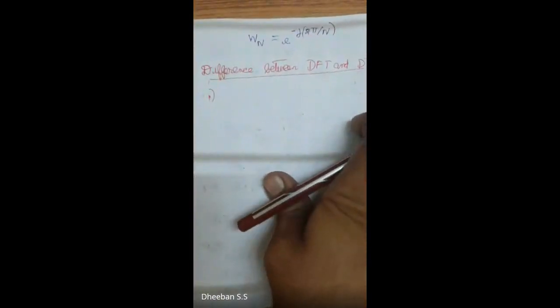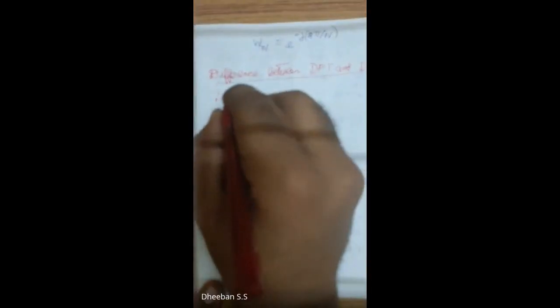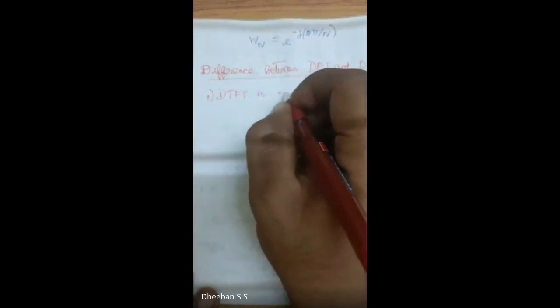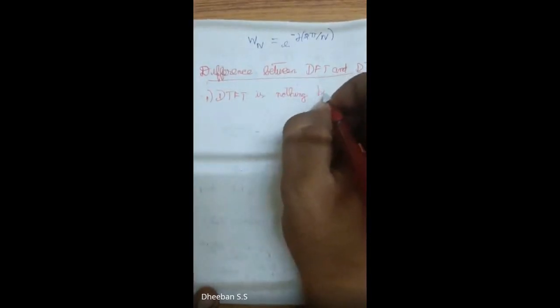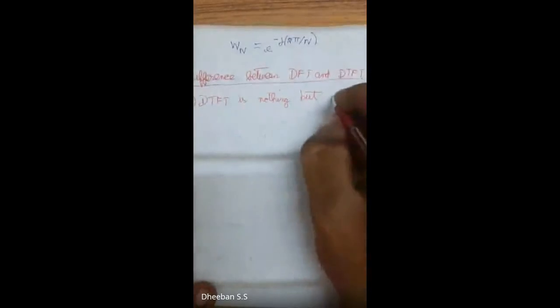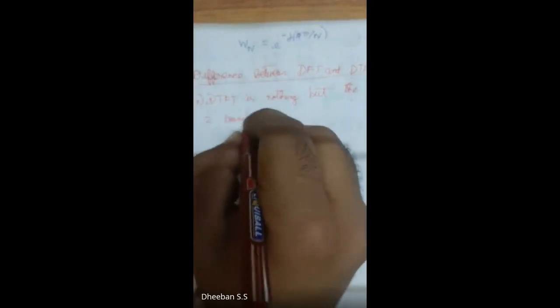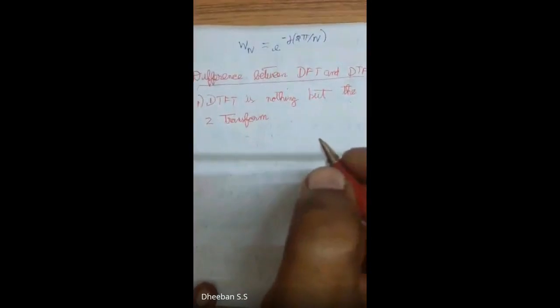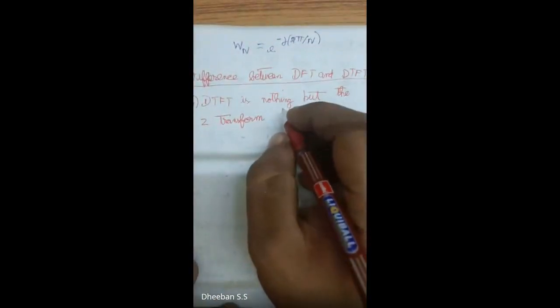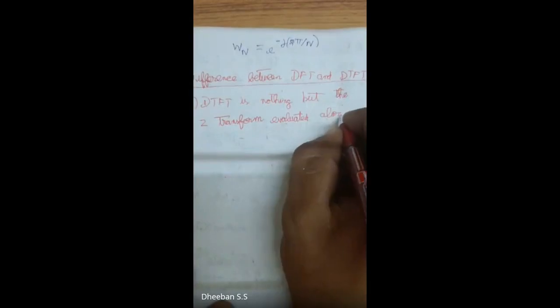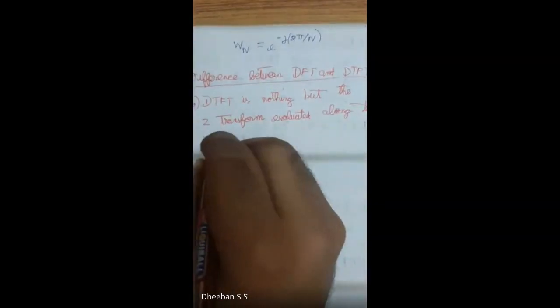So first thing, your DTFT is nothing but the Z transform evaluated along the unit circle.